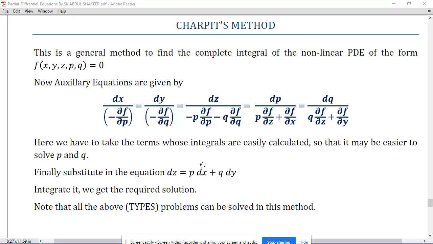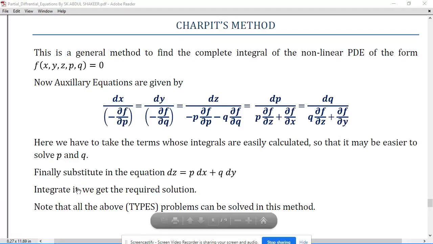These are substituted in the equation dz equal to p dx plus q dy. And then we have to choose readily integrable combinations while grouping the terms and then integrate the equation. We will get the required solution of the given partial differential equation, which has not only x, y, z but also p, q as first order partial derivatives.